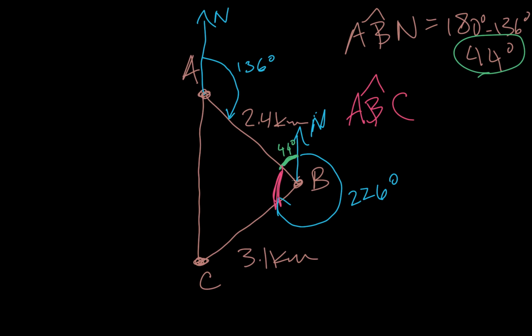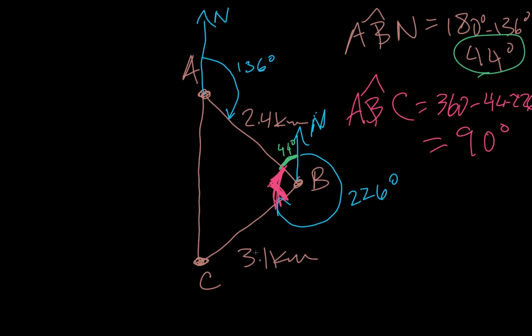And so if we just want that piece, we just subtract those out. So we start with a circle, we subtract out the 44 that we just found, and we also subtract out the 226, which is the blue one, and we are left with 90 degrees. And so we know that this is actually a right triangle, and that's going to help us.